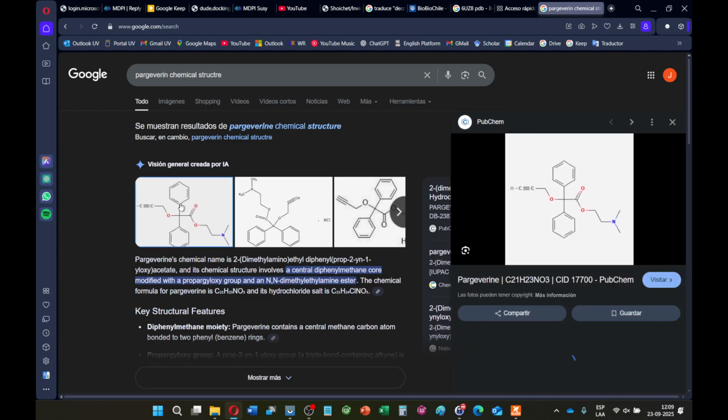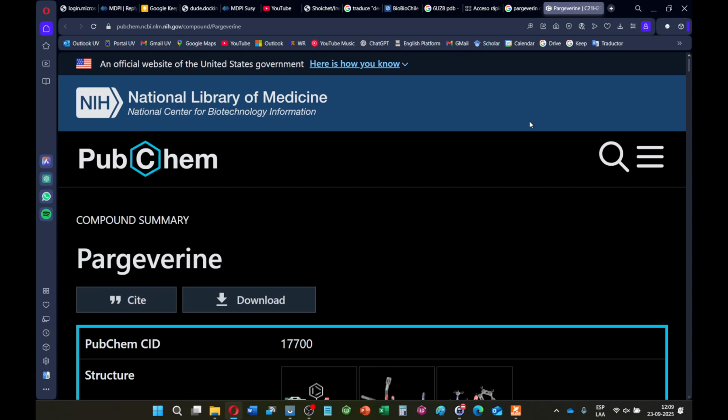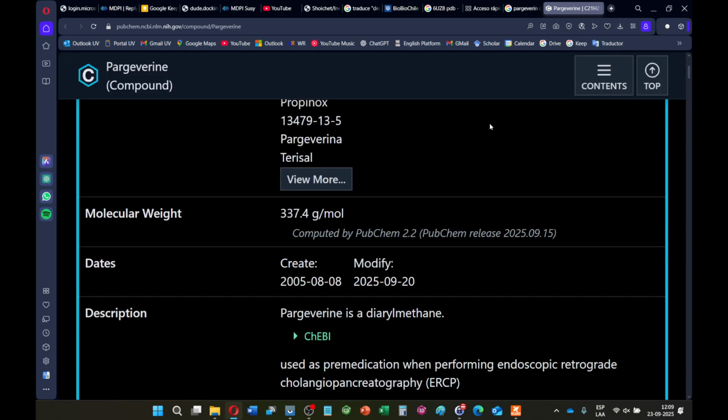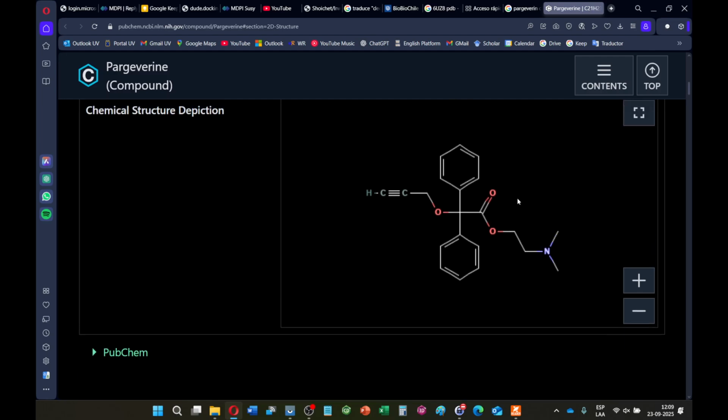The image looks like this, but the structure is understood. And what is the acetylcholine here? Look at the ester, the ethyl group, and the nitrogen, which in this case is not an ammonium, because it is going to protonate at pH 7.